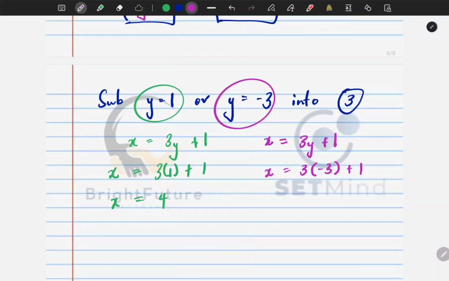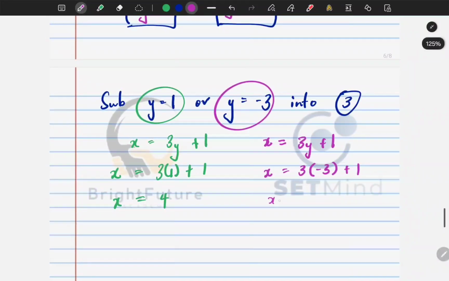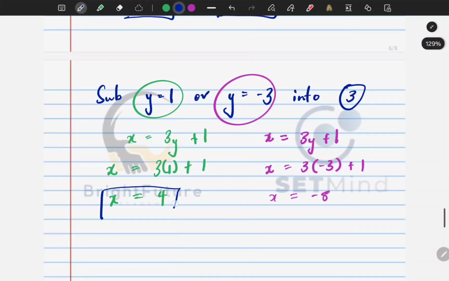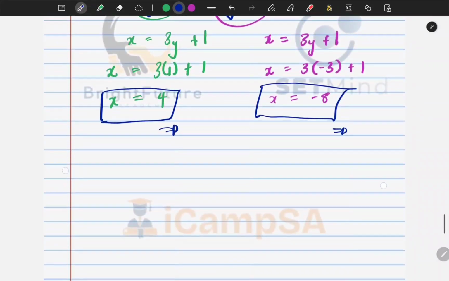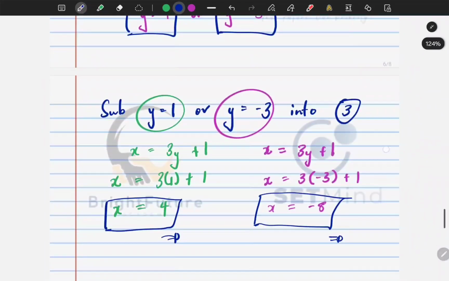So 3 times negative 3 is going to be negative 9 plus 1, it's going to be negative 8. Right, so these are going to be your answers. Right. So now let's look at another question.